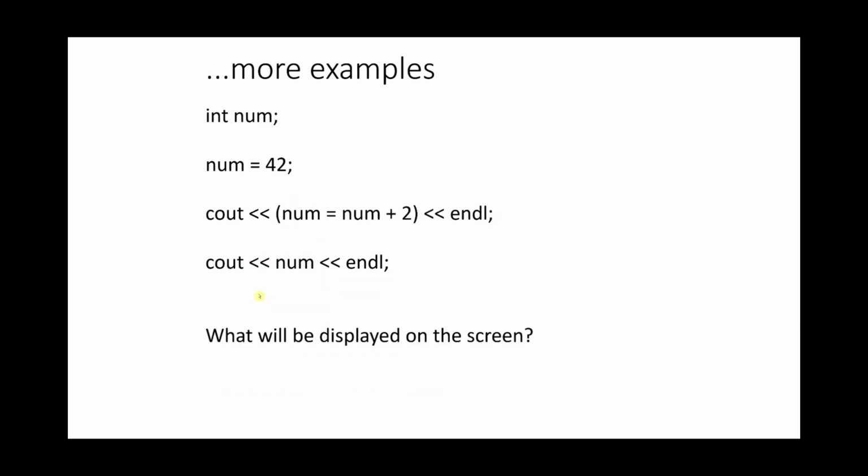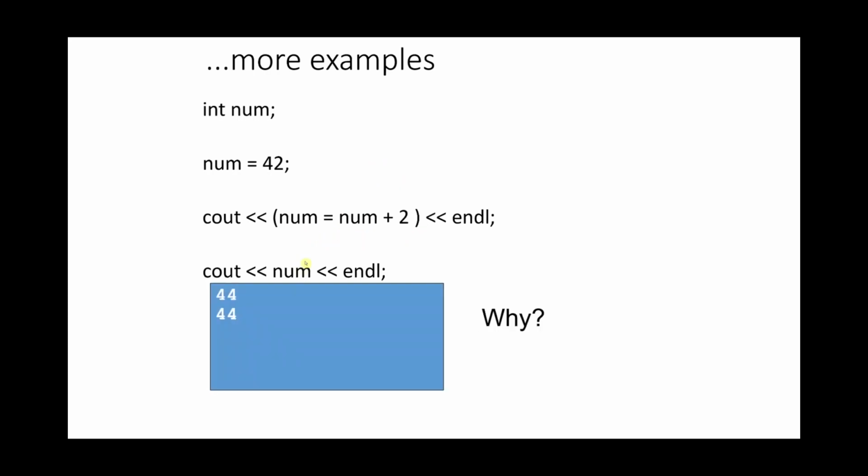If you want to modify num, this is going to do it. This is saying, get the value of num, which is 42. 42 plus 2, this is 44. Store that in num, then send the 44 to the cout. When I print the num, remember that we stored the 44 in num, so that is printing 44 and 44. Okay.